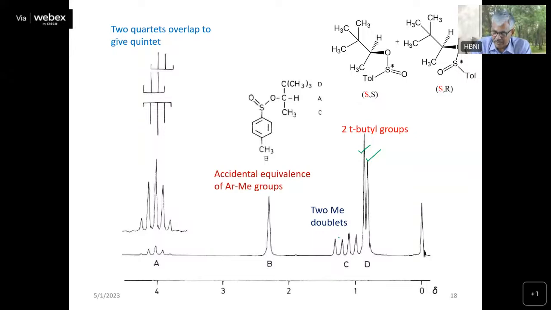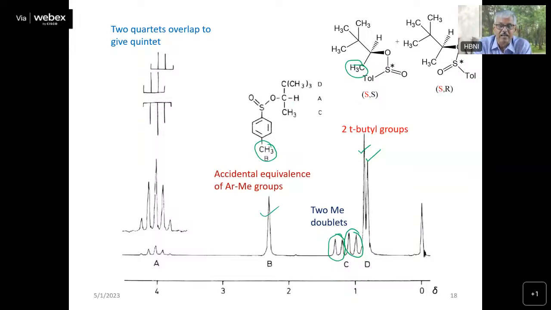You can see similarly, this is one CH3 doublet, and this is from another CH3 doublet. So if you have two compounds, this CH3 will come as a doublet, you can see clearly. Unfortunately, this methyl B has come as an accidental equivalence. Now you will see the CH group.